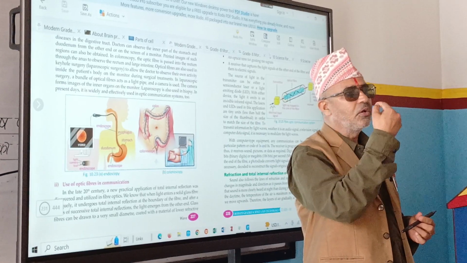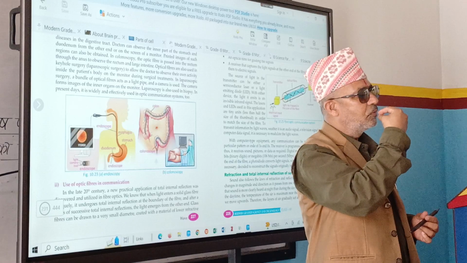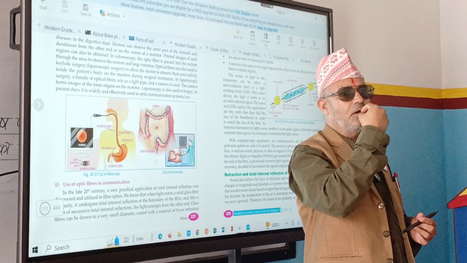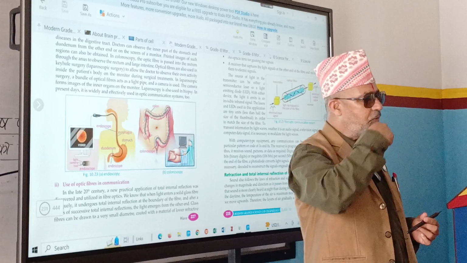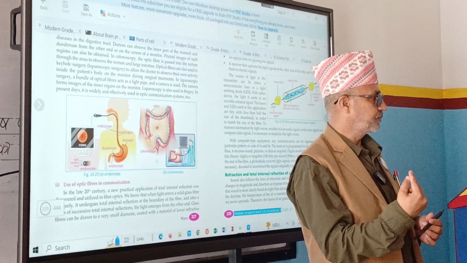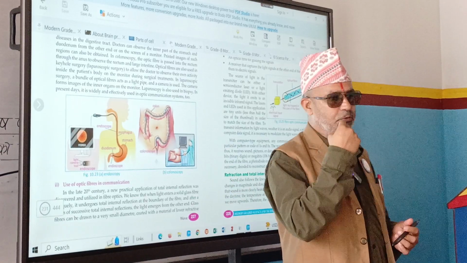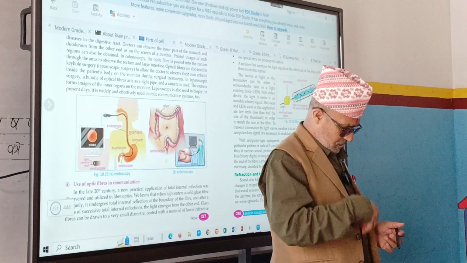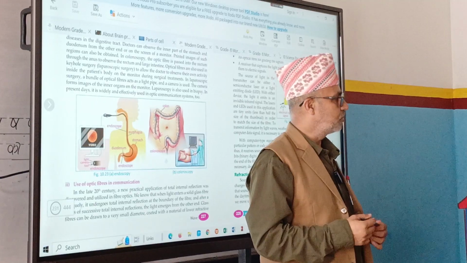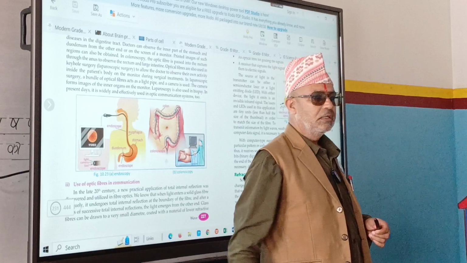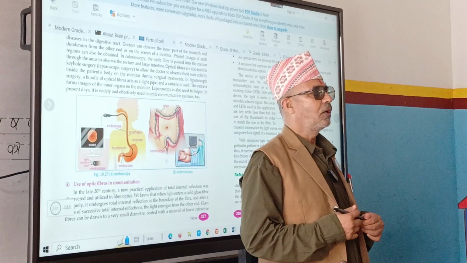That small wire or pipe is passed from our mouth or from the anus. If it is passed from the mouth, we can see the activities up to the stomach and esophagus. If from the anus, then up to the colon.